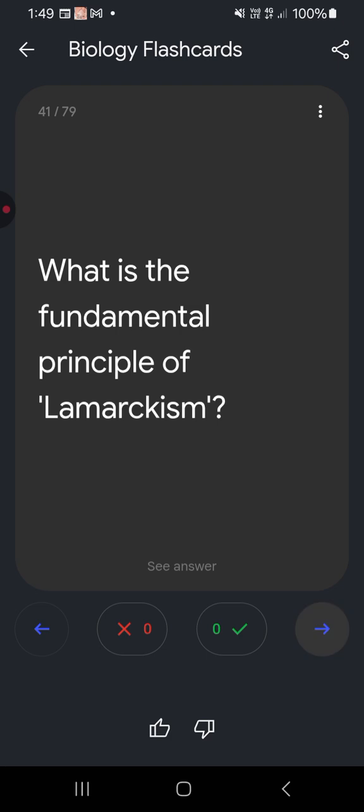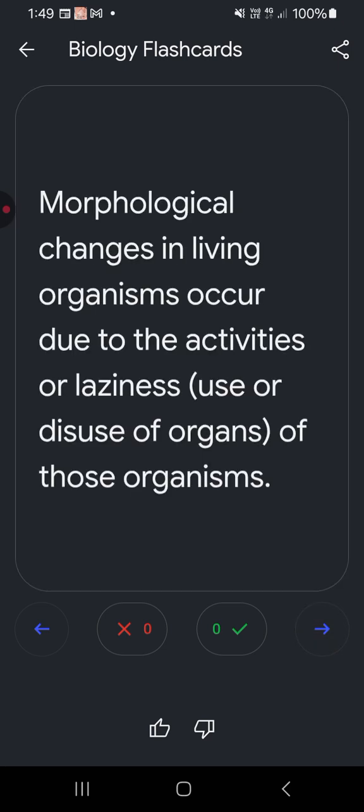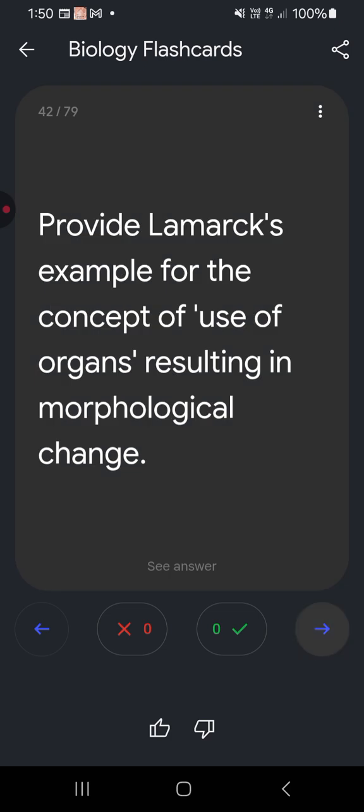What is the fundamental principle of Lamarckism? Morphological changes in living organisms occur due to activity or laziness, that is, either use or disuse of organs. Provide Lamarck's example for the use of organs resulting in morphological changes.